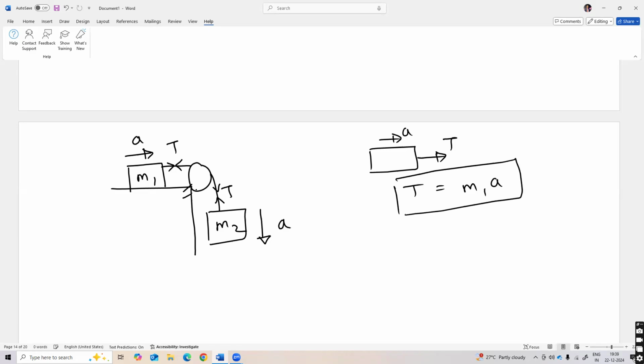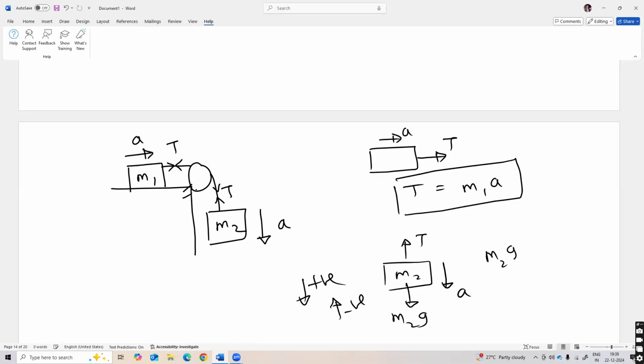For the second mass m2, we have T acting upwards and weight m2g acting downwards, and then there is acceleration. Since it is moving downward, we will consider forces acting downward as positive and forces acting upward as negative. So m2g minus T is equal to m2 into a.